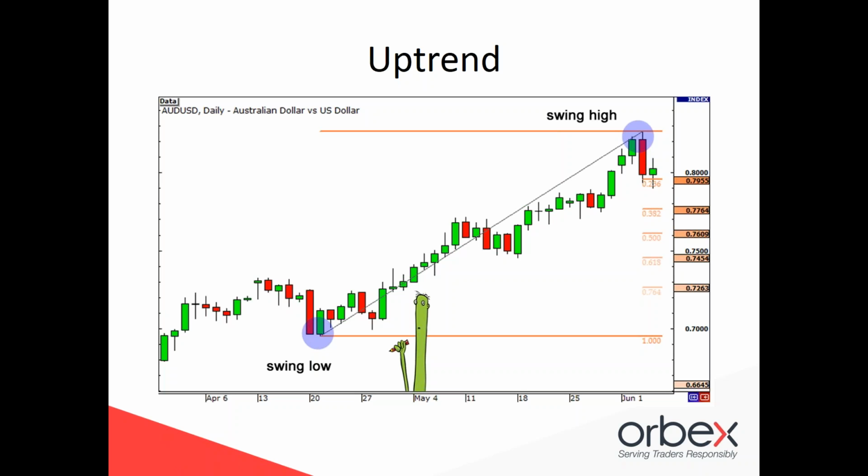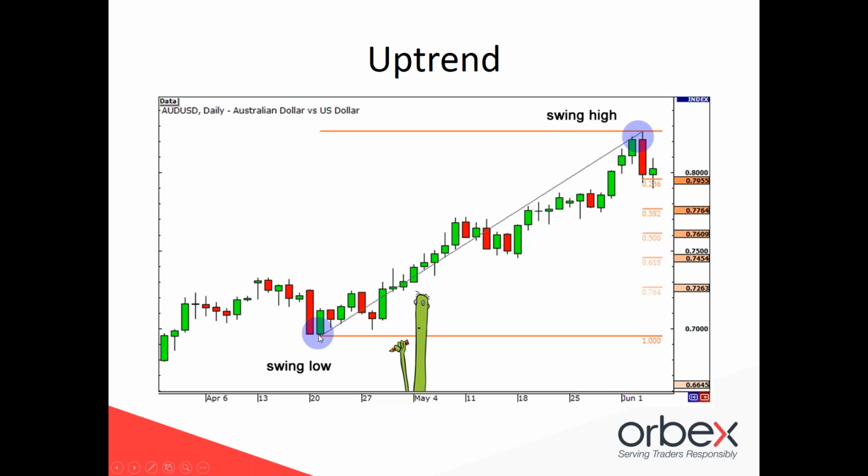And here we will be looking to buy, but we buy only on these levels, or choose one of these levels. The levels that we're talking about are the 23.6, 38.2, the 50%, 61.8, 76.4. So what are these levels?